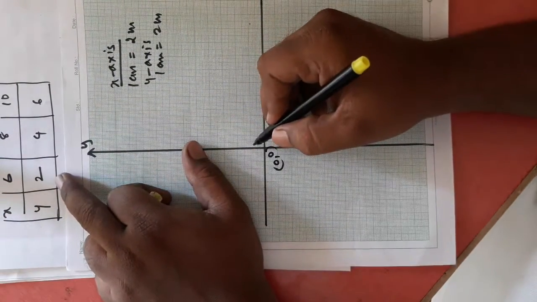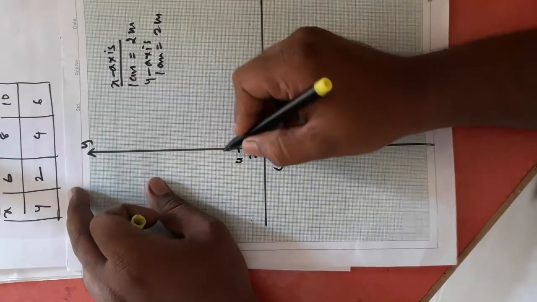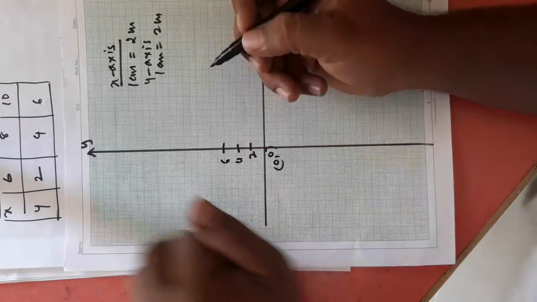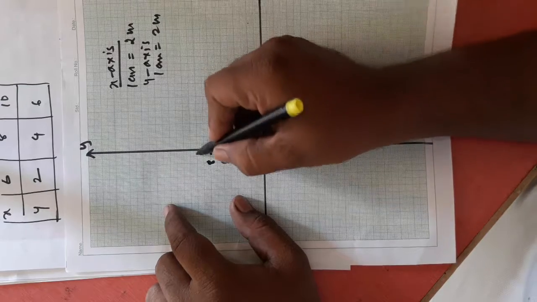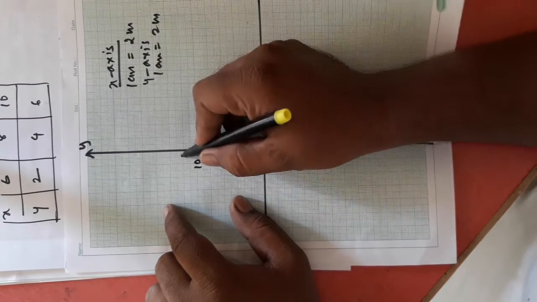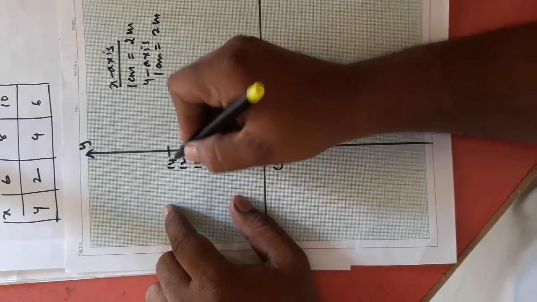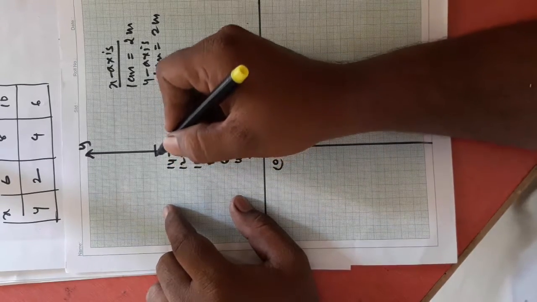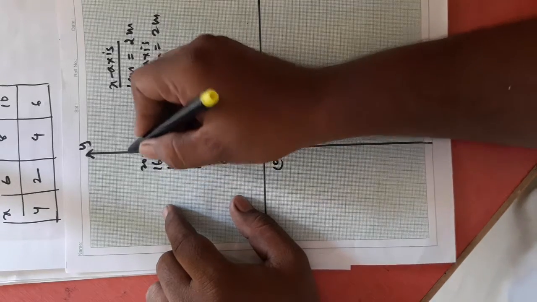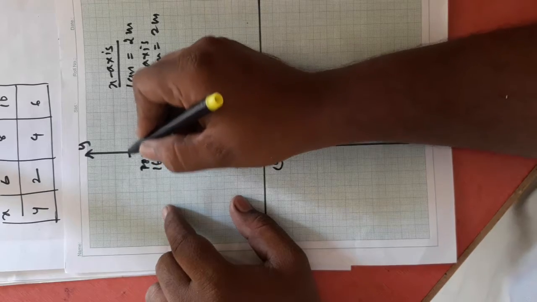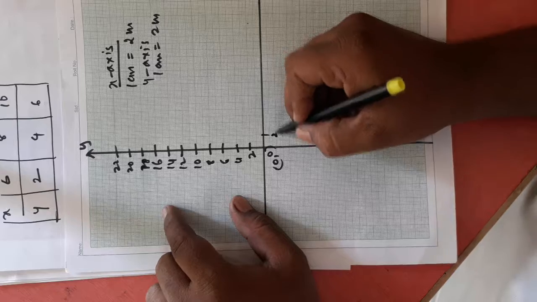Then it will be 2, 4, 6. 1 unit I am taking as 2 meter. This is 8, 10, 12, 14, 16, 18, 20, 22.